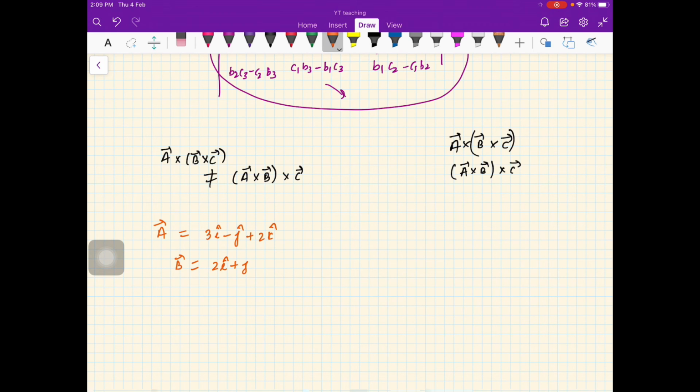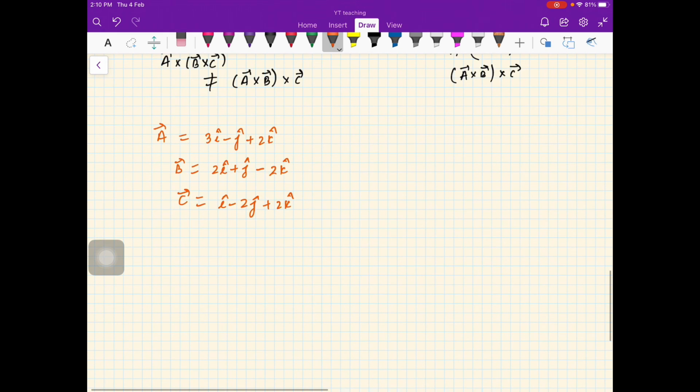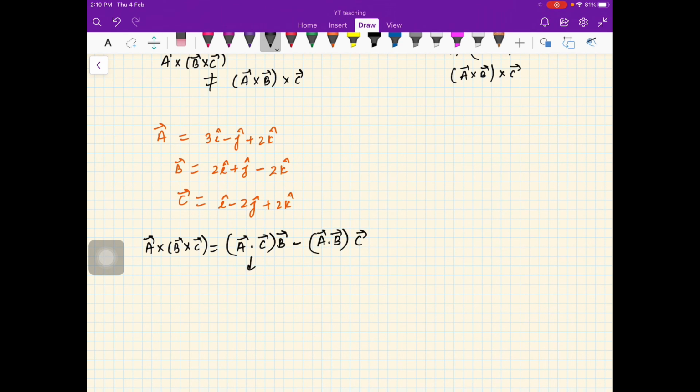So we can see, if A is 3i minus j plus 2k, B is 2i plus j minus 2k, and C is i minus 2j plus 2k, right? Then let us find out the vector triple product A cross (B cross C). So this will be first dot third into second vector minus first dot second into third vector.